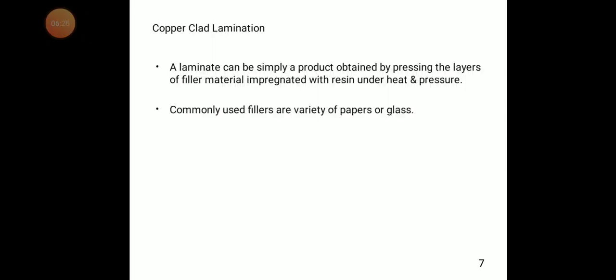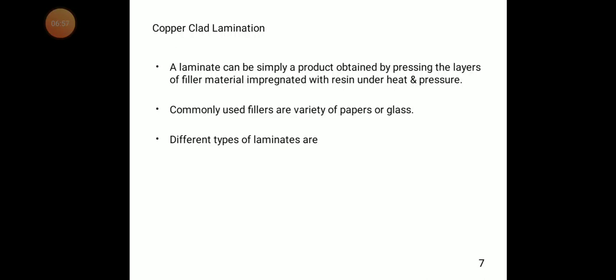The next block in the diagram is the copper clad lamination. A laminate is simply a product obtained by pressing layers of filler materials impregnated with resin under heat and pressure. Commonly used fillers are a variety of papers or glass.